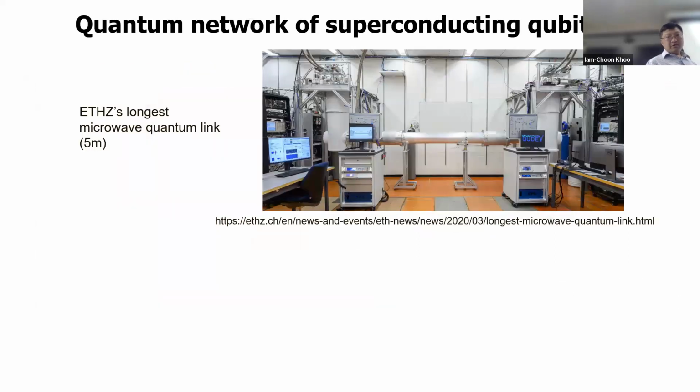Another motivation is quantum networking. A lot of us envision that in the future the quantum network will consist of interconnected quantum processor nodes. To build this kind of network, we need quantum transduction devices to distribute the entanglement across the different computing nodes.